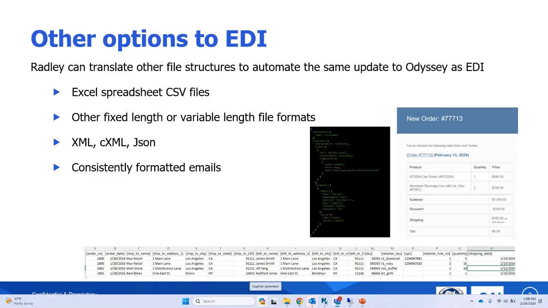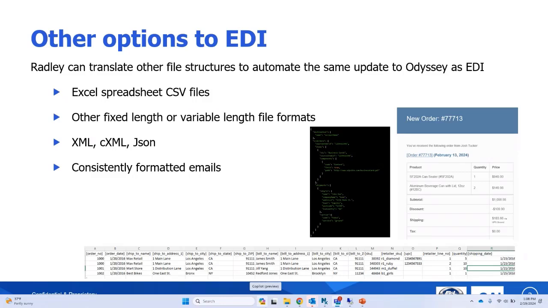Some other examples on the screen: in the middle in the black, there's a JSON file. Another interesting one is on the right-hand side, where you'll see an order that we actually pull out of an email. We've got customers that have a website where someone can log in and place an order, and that website then creates a standardized format of an order that we can pull the data from.